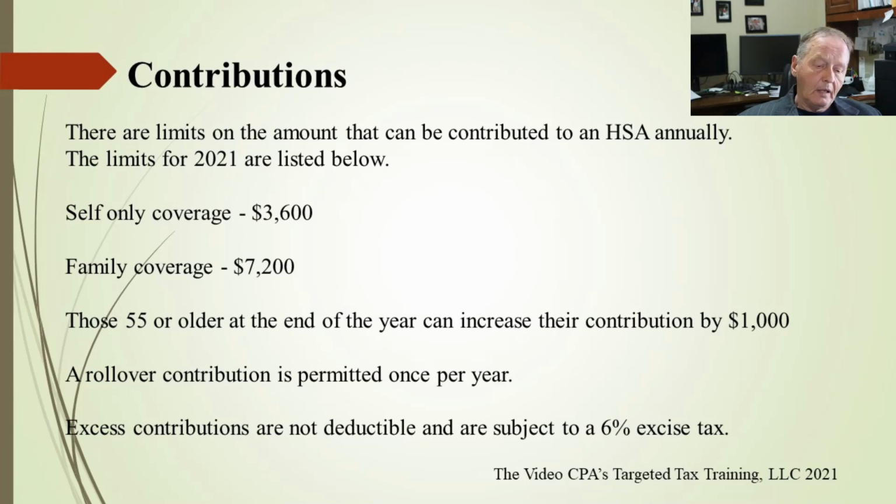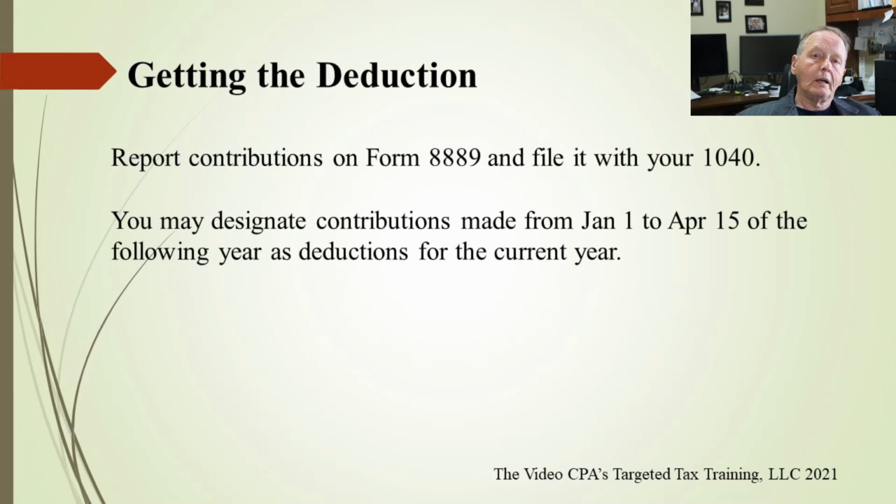Okay. How to get the deduction? You've got Form 8889. You need to file it with your 1040, and it will basically say that you've got a plan. It's an HSA. Now, the plan may cover more than just an HSA.